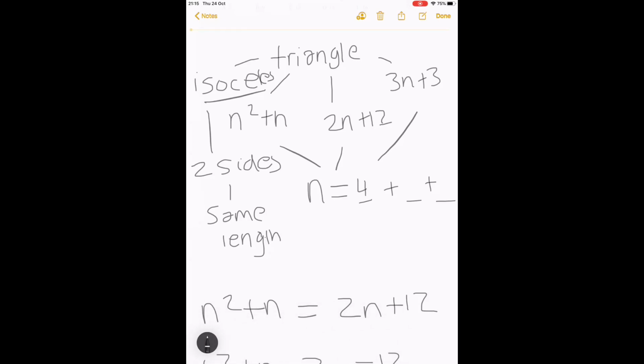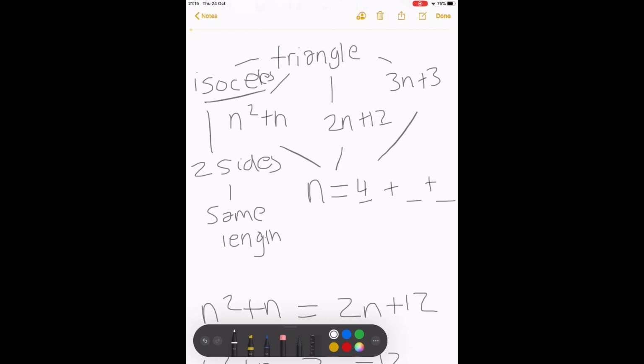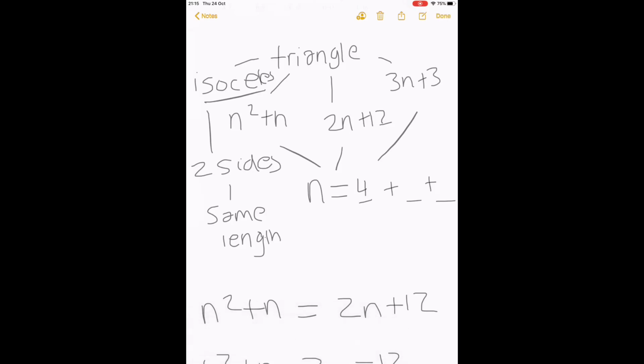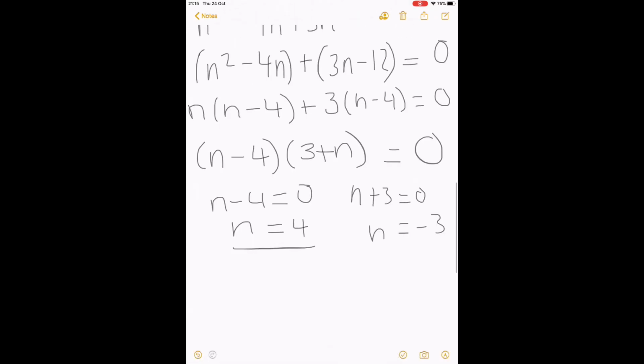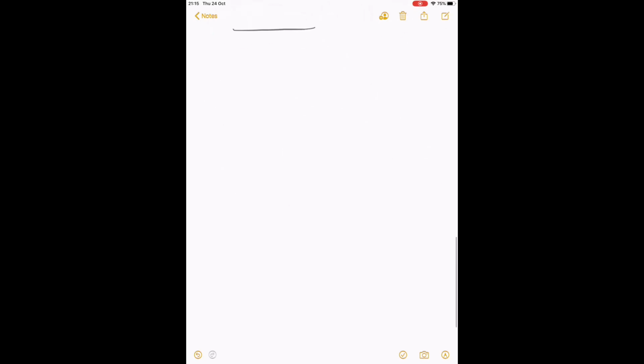Now we're going to use our second possibility, which is 2n plus 12 equals 3n plus 3. Rearranging it, this is an easier rearrangement because there are like terms on both sides.